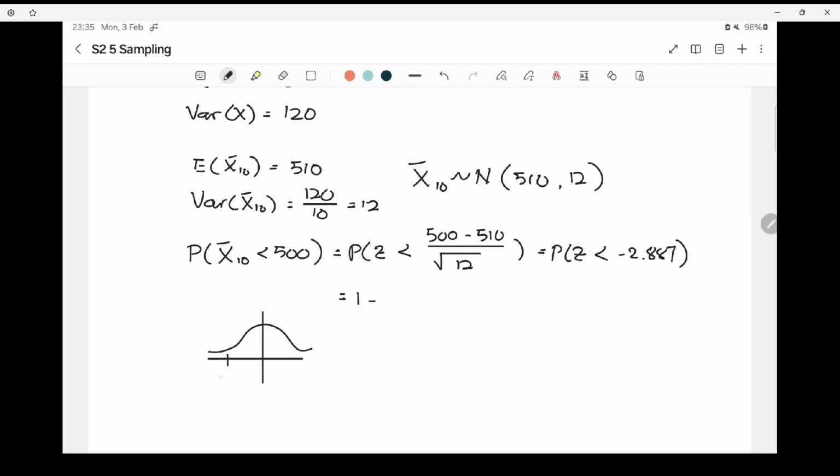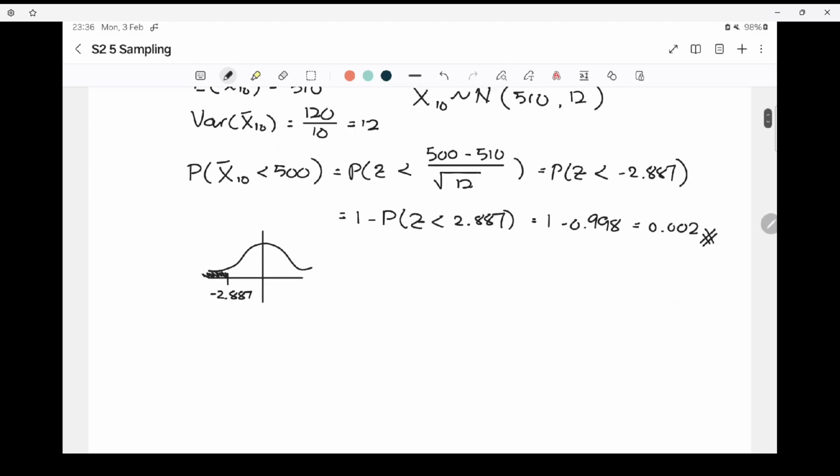This is minus 2.887. So this is the area that you want to find. So it means that this is the same as 1 minus P of Z smaller than 2.887. So 1 minus 0.998. So what you get is 0.002. So that will be your solution.